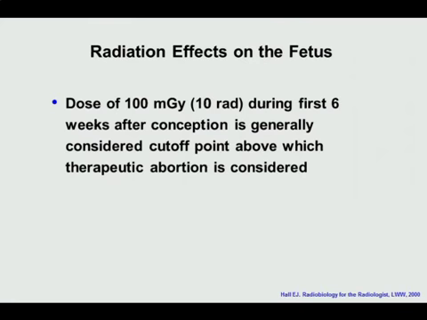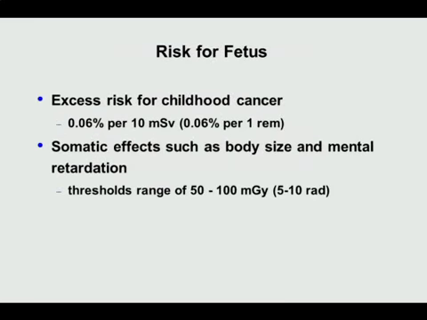Typically, when I talk to our residents, I use 100 milligray as equivalent to having 10 CTs all at one time during the first trimester, which can accumulate more than 100 milligray or 100 millisievert dose to the fetus. What is the risk for the fetus?